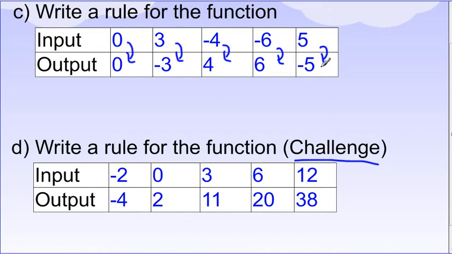I guess, well, if you take the x value and you times it by negative 1, because 3 times negative 1 is negative 3. Negative 4 times negative 1 is positive 4. Yeah, so if you take the x value and times it by negative 1, it gives you the y value.